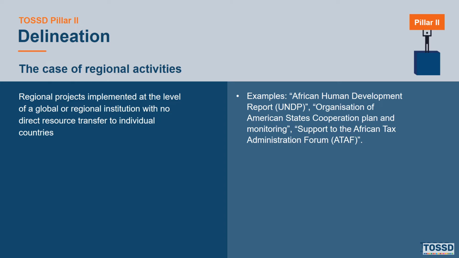All these projects are implemented at the international level, and the objective is to cooperate at the international level with no direct resource transfers to the countries that are included in these regions. So that's why they are included in Pillar 2 rather than Pillar 1.